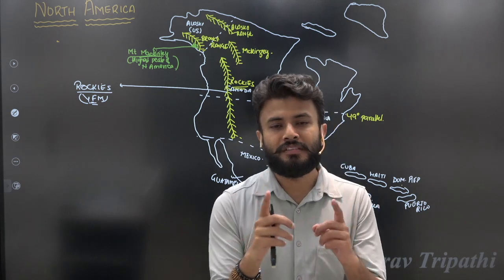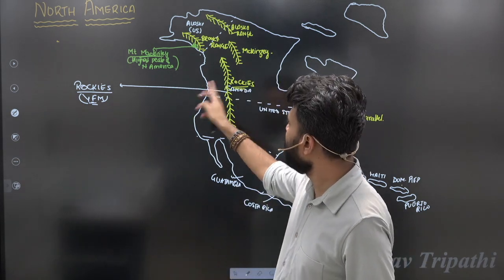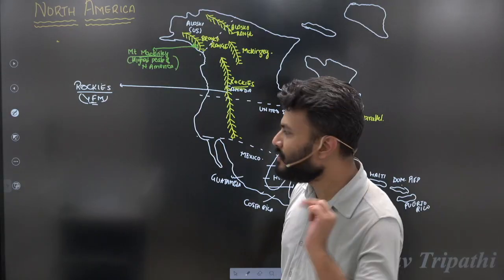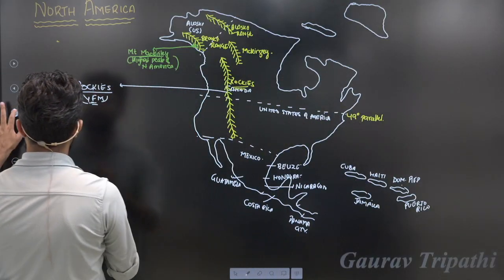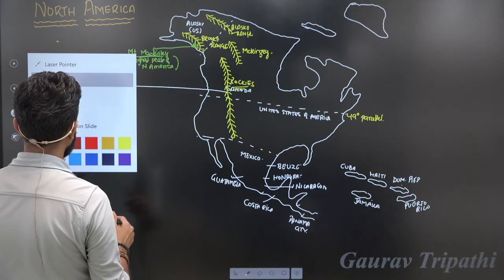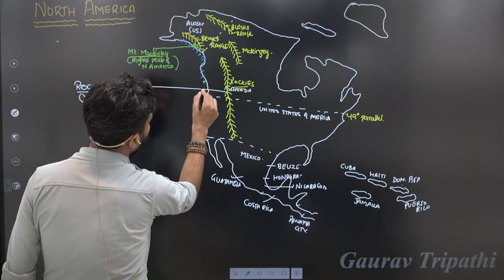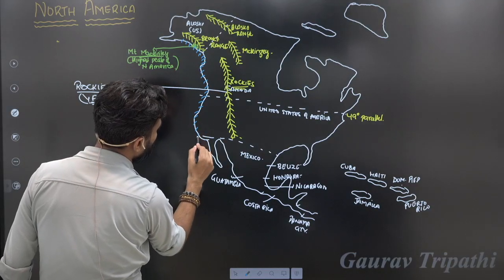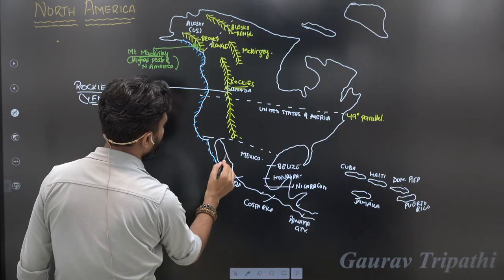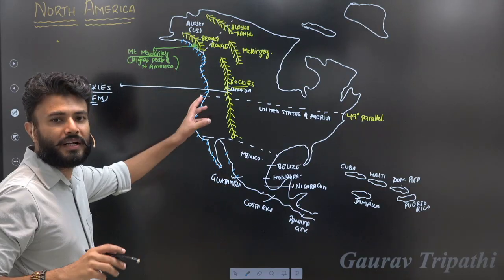When we analyze the movement of the Pacific plate and North American plate, we see that there is a continuous convergence going on at the margin of North America, that is, at the coast of North America. Fine. So here we are having convergence.